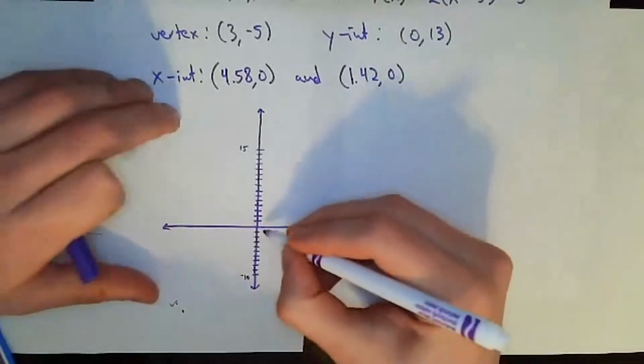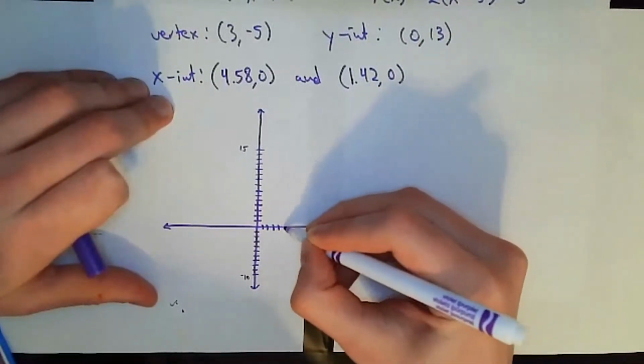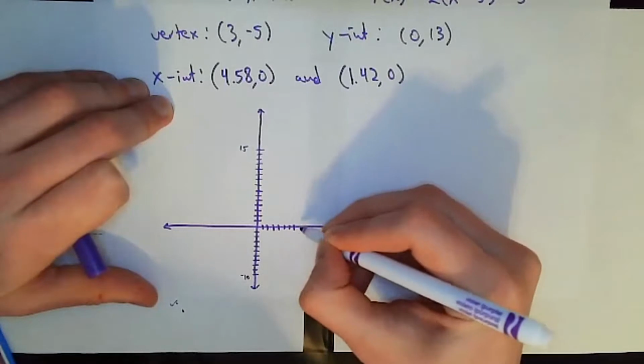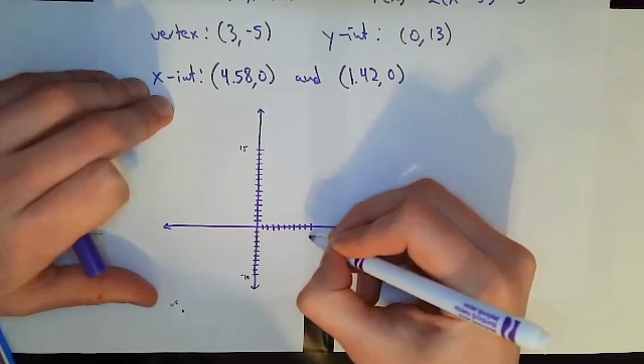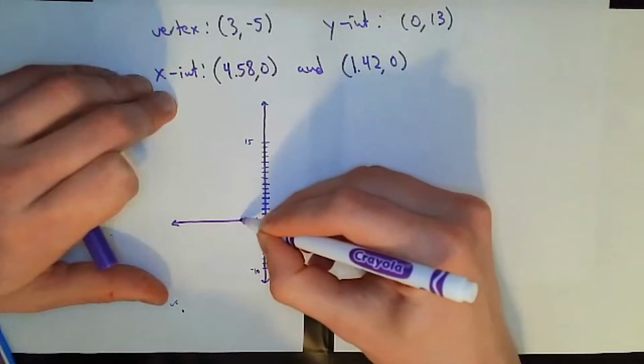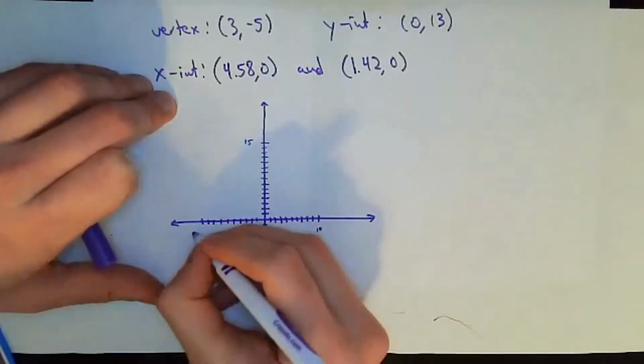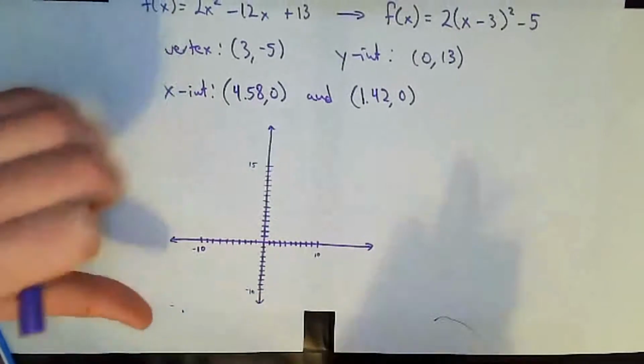So I'm being pretty careful about this. I want it to look pretty good. 5, 6, 7, 8, 9, 10 for positive x. I don't care about the negative side as much. I know it's not going to be over there.